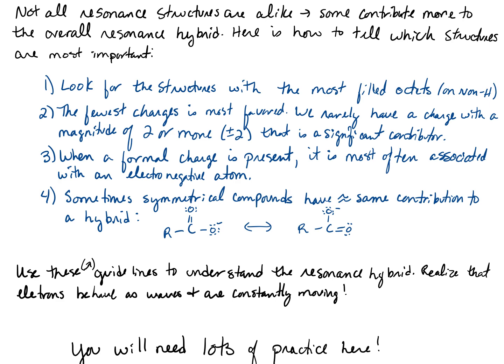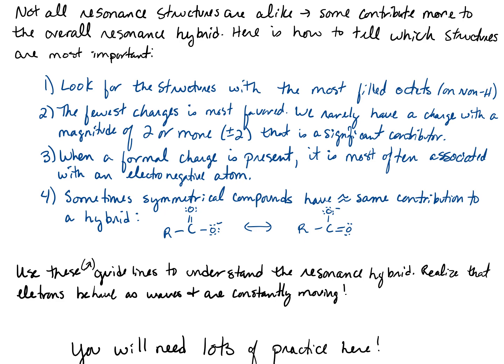It means that the overall hybrid will not look as much like one with lots of charges on it, okay? You certainly do not have something with a positive or negative 2 or positive or negative 3 very often at all with any significant contribution to the overall hybrid.